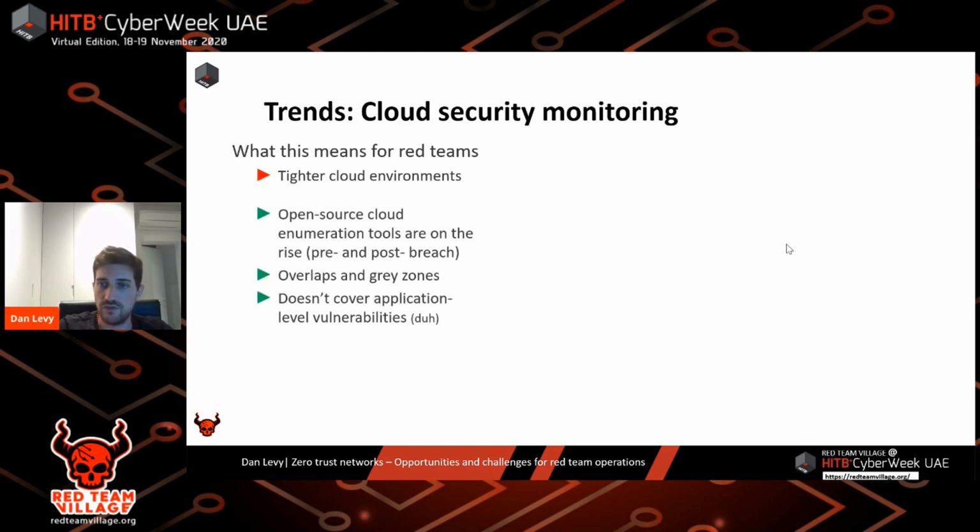However, from the red team perspective, and I'm sure there's going to be a lot of talks about that during this conference, there are more and more open source tools available that enable us to hack, enumerate, discover, and identify flaws in cloud environments. Not only that, but most of them are very often open source and very easy to use.